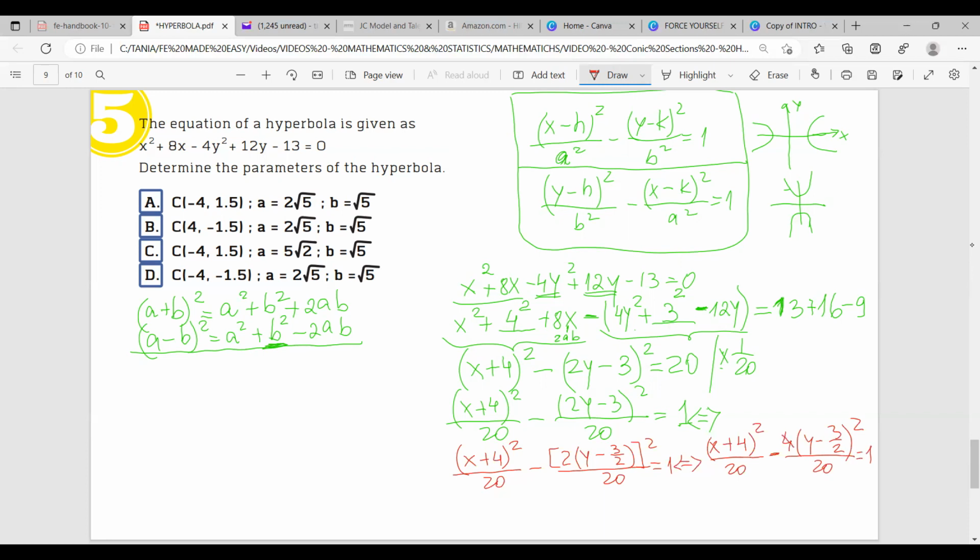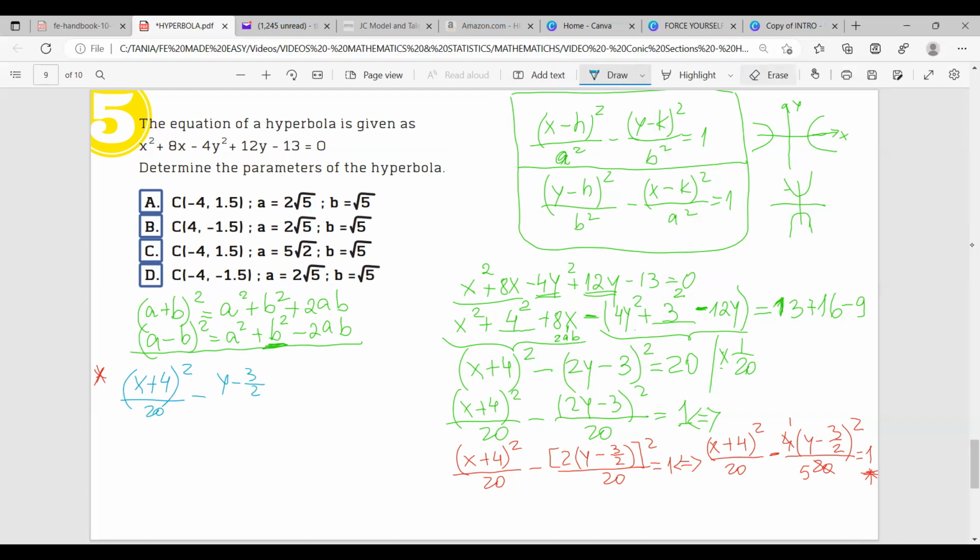And now we can reduce by 4. Here we have 1, and in this case, we're going to have 5. So let me rewrite this. And I will move all the way here with the star. So I'm going to rewrite this as x plus 4 squared over 20 minus y minus 3 over 2.